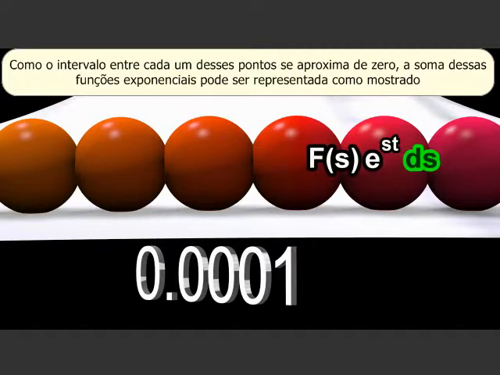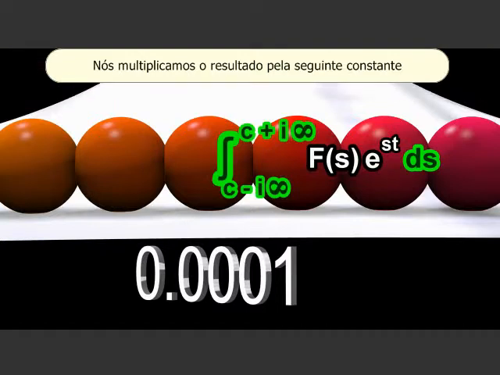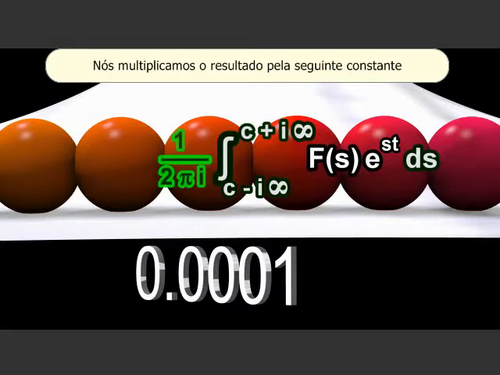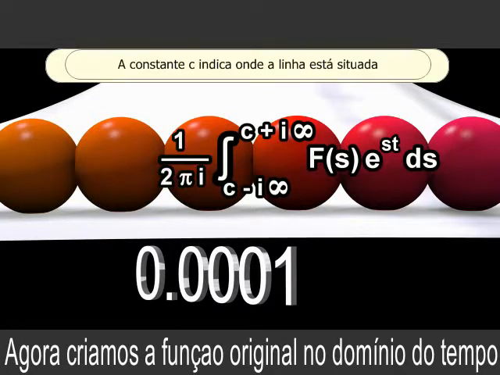As the interval between each of the points approaches zero, the sum of all these exponential functions can be represented as shown. We multiply the result by the following constant. We've now created our original function of time.